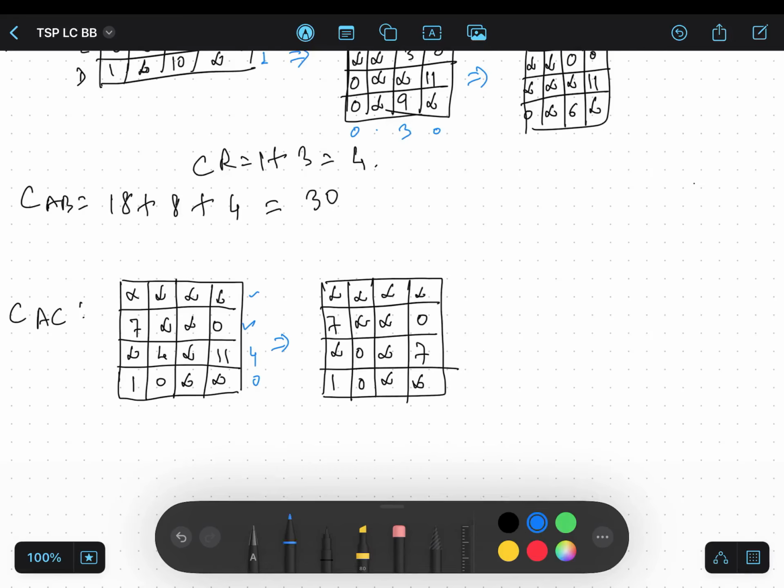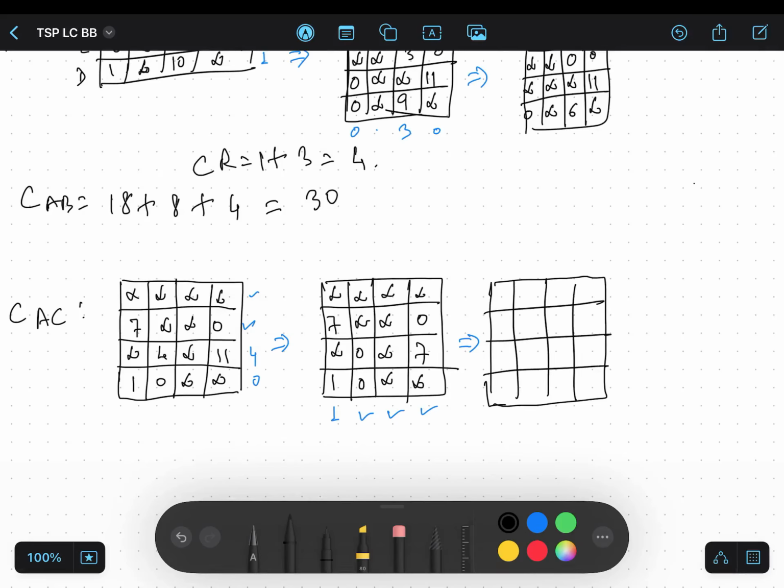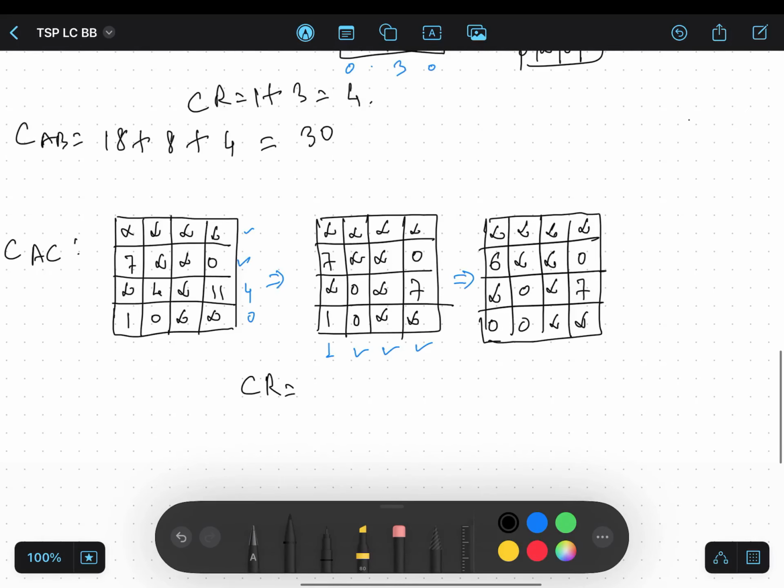And now looking at the columns, this has minimum 1. This looks okay. So reducing the column, we get 6 and 0. This will remain the same, and the rest of the columns are going to remain the same. So then our current reduction comes out to be 4 plus 1, which is 5.